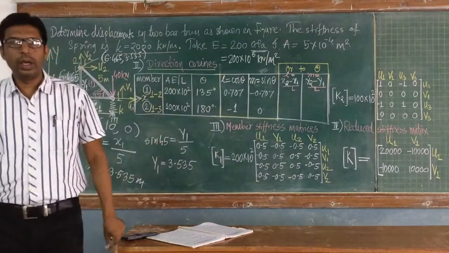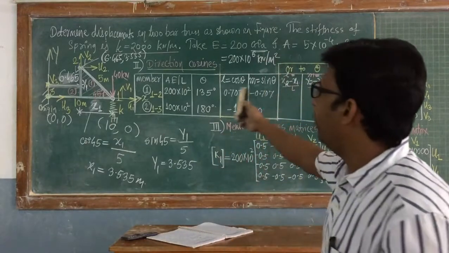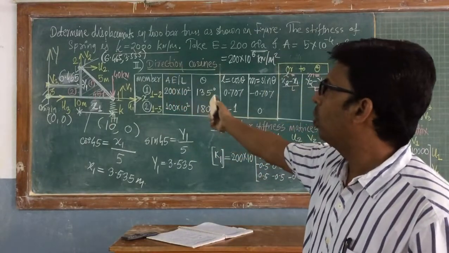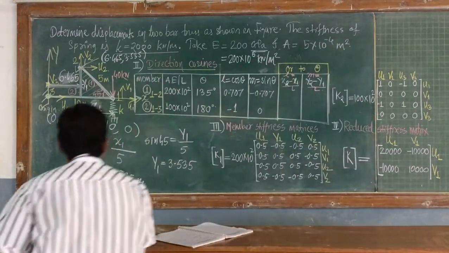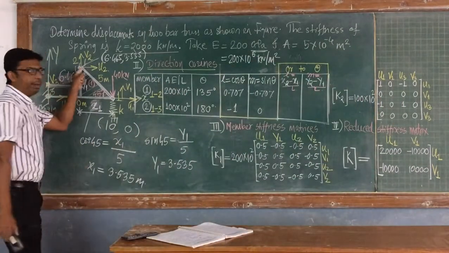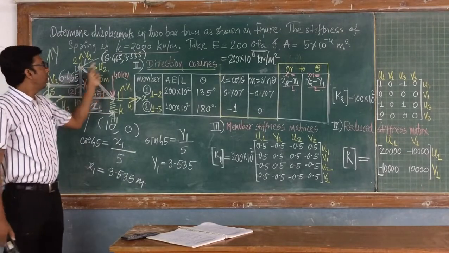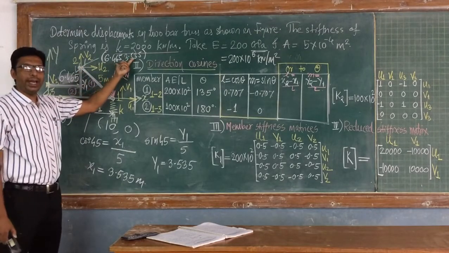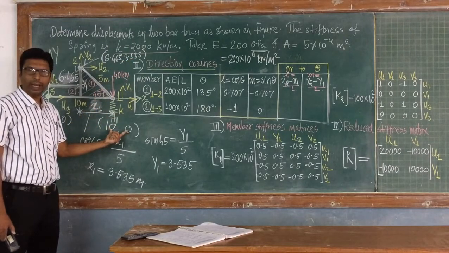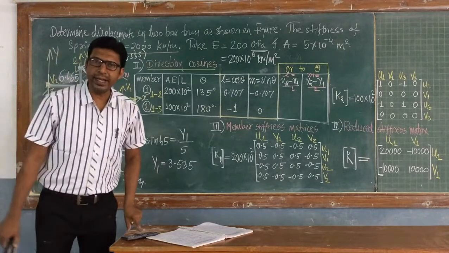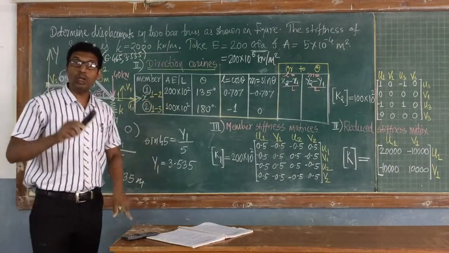Now one more thing. If you want to use member number 1, joint number 2 is having these coordinates, and joint number 1 is having 10, 0. How is the member defined? Member is 1, 2.